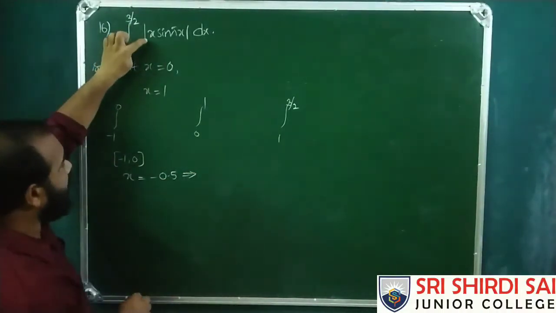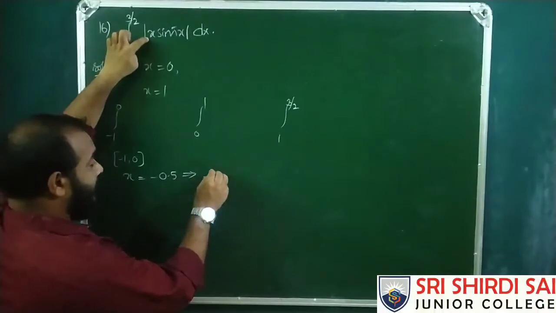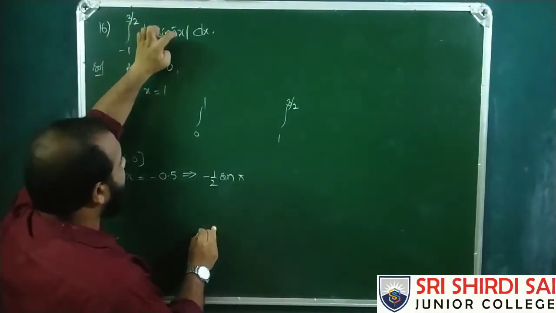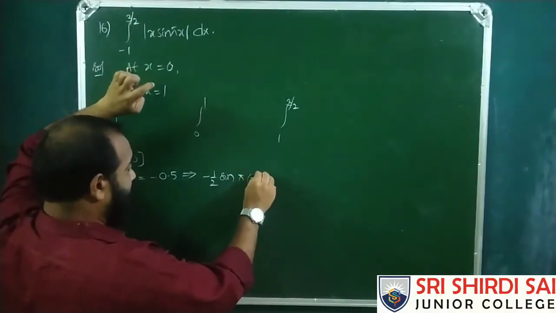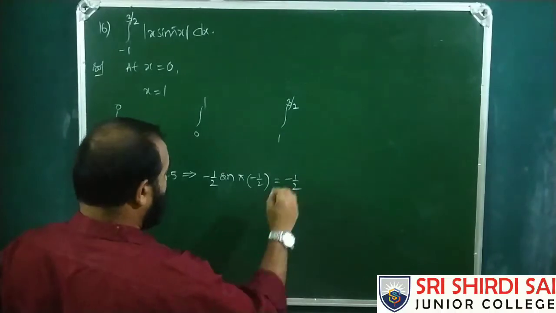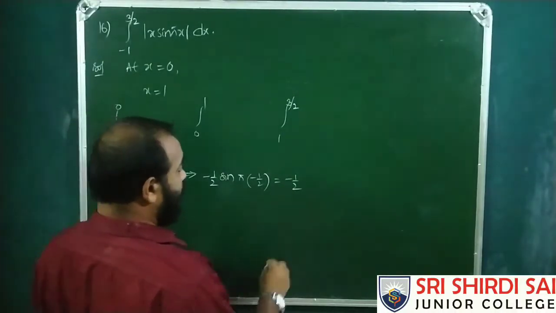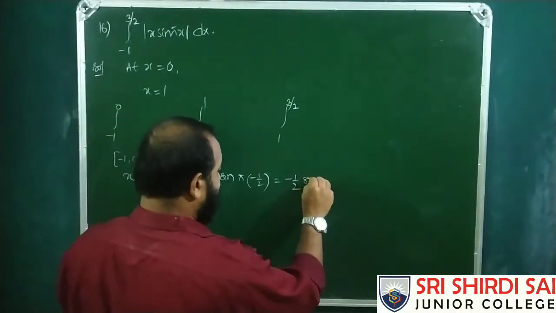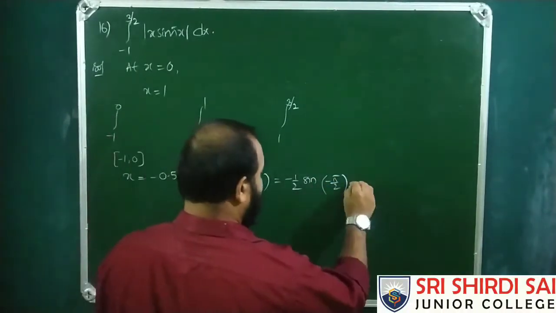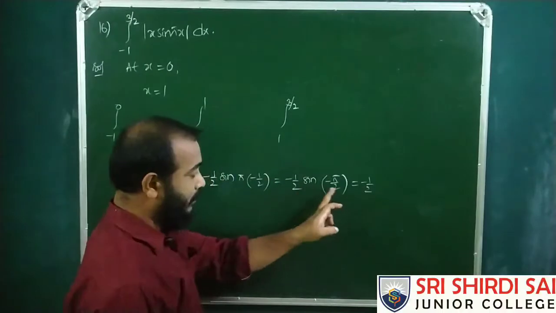Minus 0.5 means minus 1 by 2, sin pi into minus 1 by 2, that is sin of minus pi by 2. So that is equal to minus 1 by 2 into sin minus pi by 2.